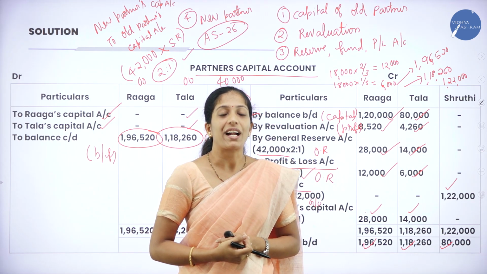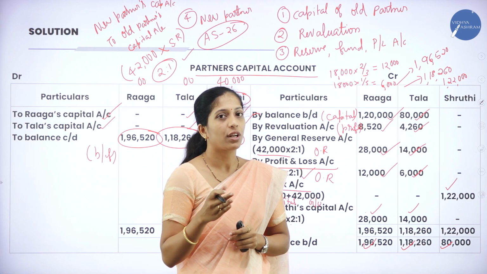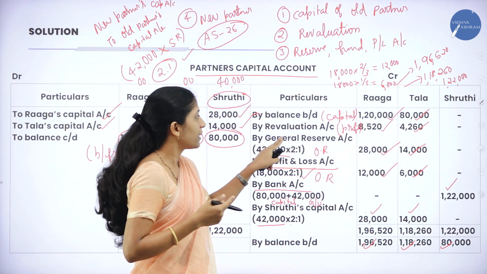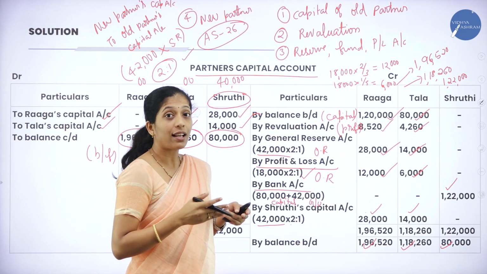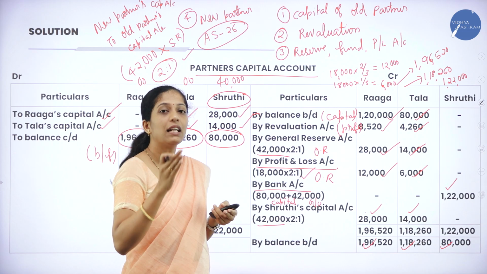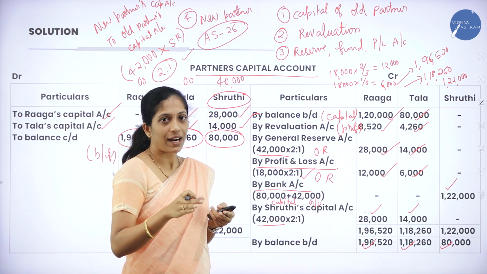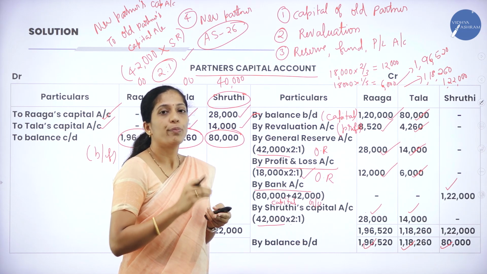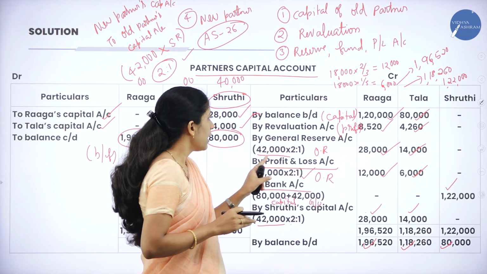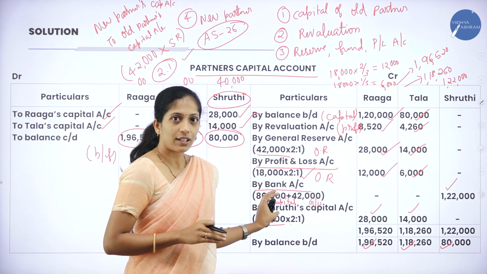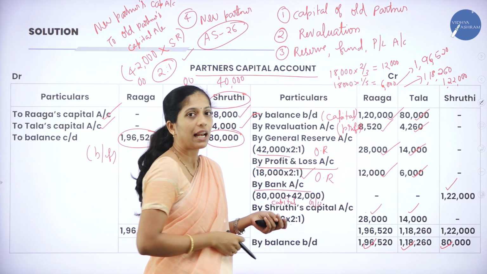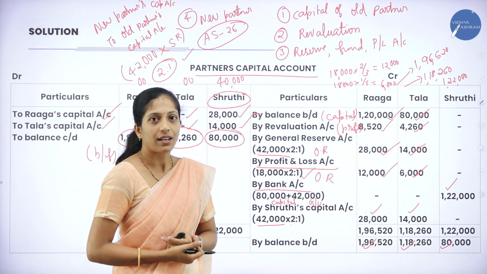So this is about the partners' capital account. What you have to remember here: first bring the capital of old partners. Next, transfer the revaluation account balance. Next, check whether there is any reserve, fund as well as profit and loss account. If you find any such items, transfer them to the old partners' capital accounts in their old profit sharing ratio. Next, we have to record the new partner's capital as well as goodwill. So we add both capital and goodwill and write it in the new partner's column.